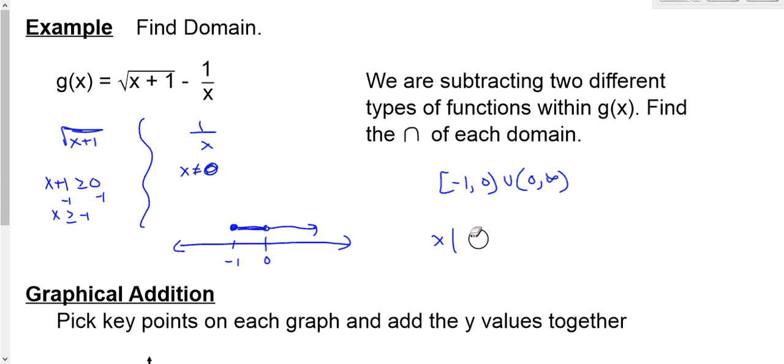That's actually going to be written differently. And I would say negative 1 is less than or equal to x, which is less than 0. And then I'm going to intersect that with x has to be greater than 0. So that would be my domain.